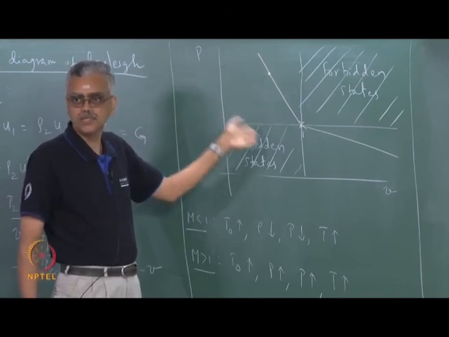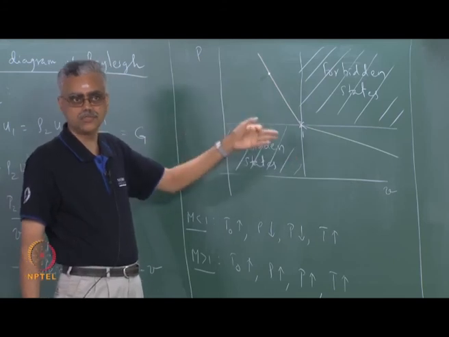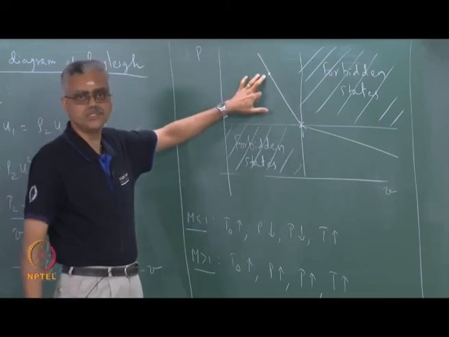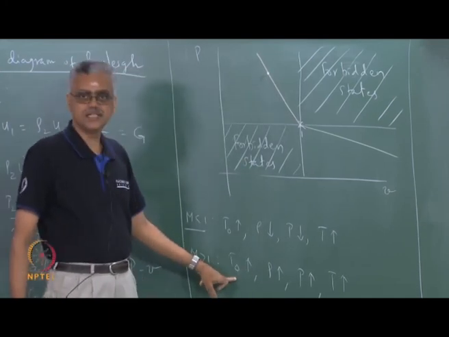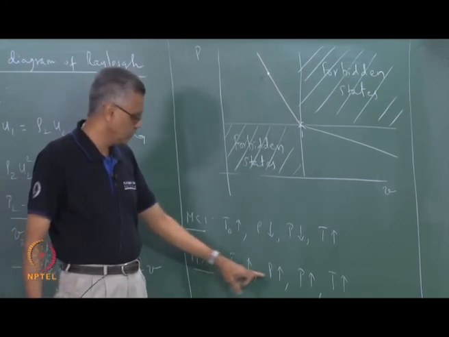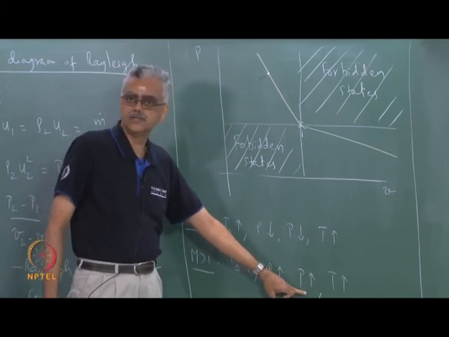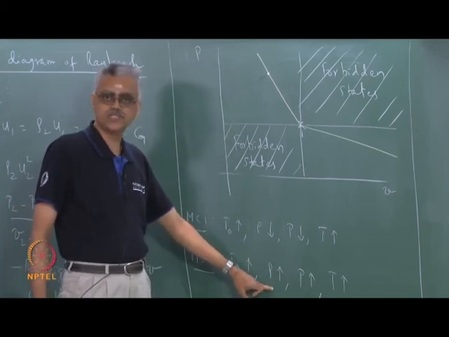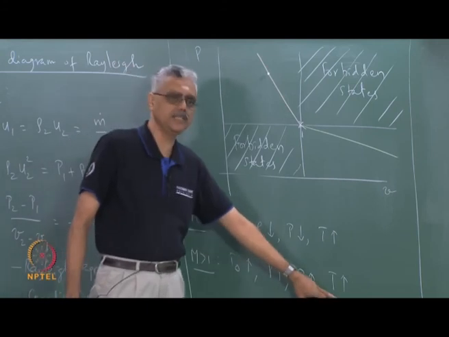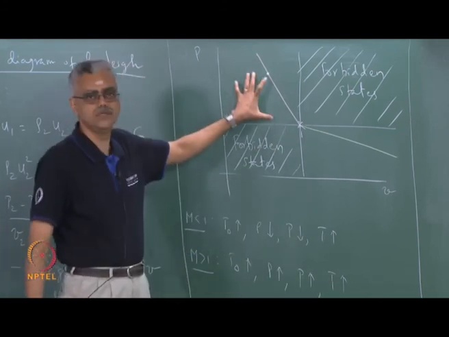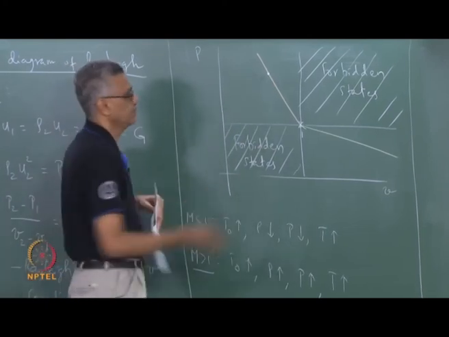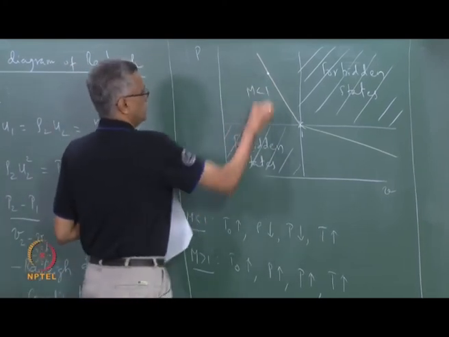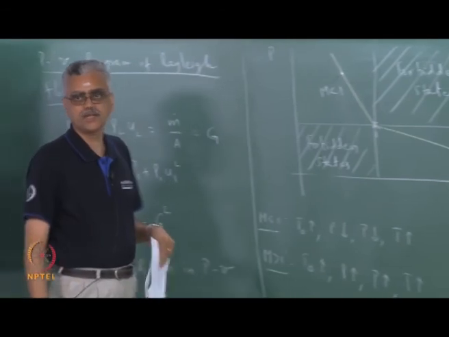If you remember the shape of the isotherms that we drew, you will know that the temperature here is higher than this. So, that means the stagnation temperature has increased, we have added heat, pressure has increased, specific volume has decreased, and static temperature has increased. So, that means this is the supersonic branch of the Rayleigh line. Is that clear?